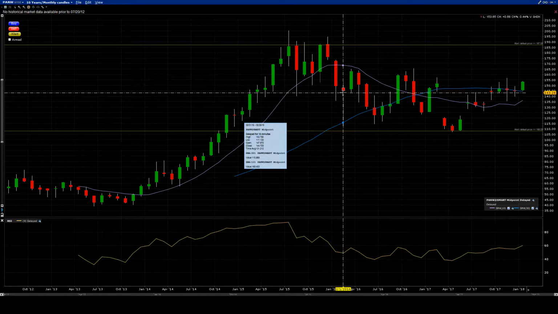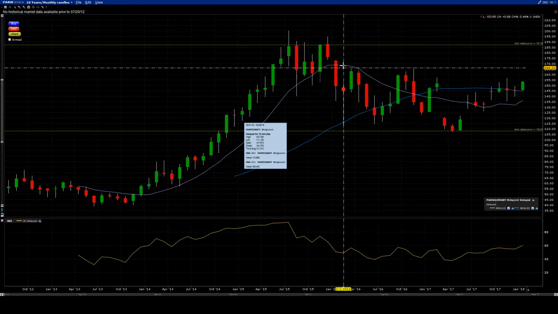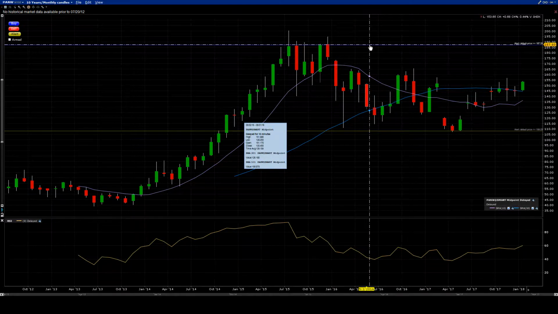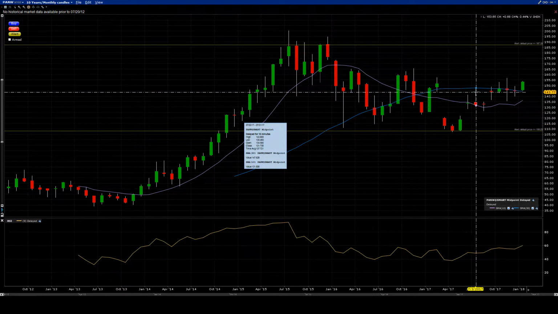And also it will give me my entry, my sell stop loss, and my stop for my profit. So we have a range here of about 187 to 109.